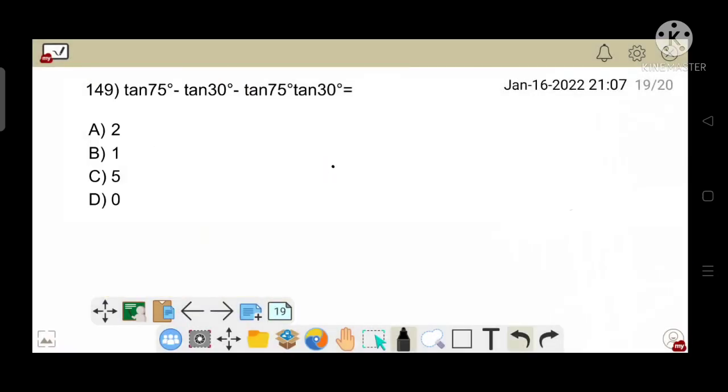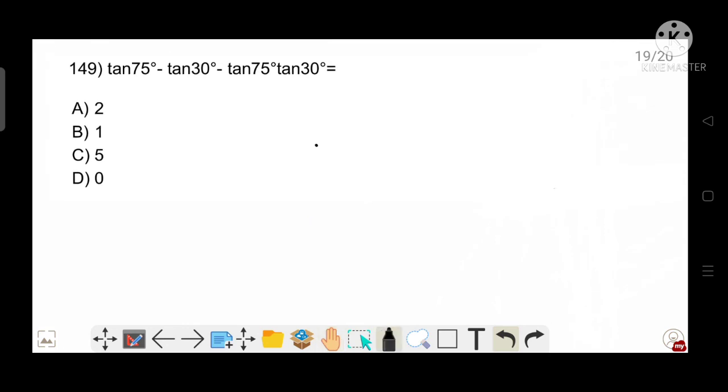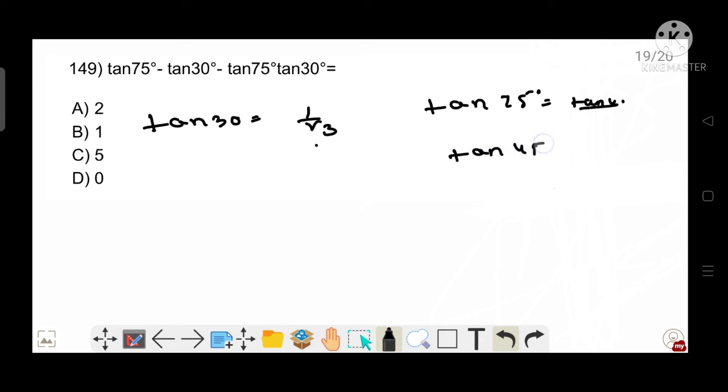Find the answer: tan 75 minus tan 30 minus tan 75 into tan 30. Okay. When you find out, tan 30 is 1 by root 3 and tan 75 equals tan 45 plus 30.